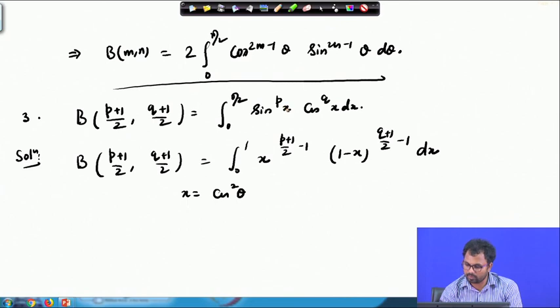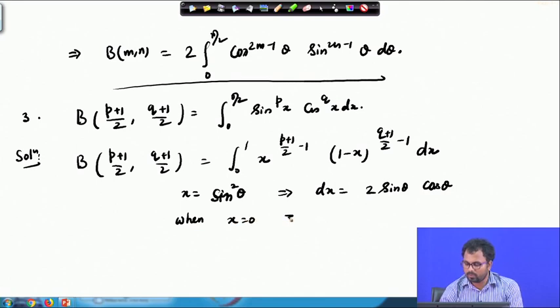So, we substitute x equals sine square theta, then dx equals 2 sine theta cos theta, and when x is 0 then theta is 0, and when x is 1 then theta is pi by 2.